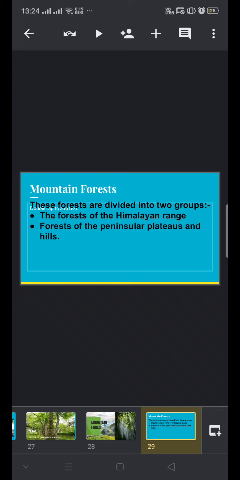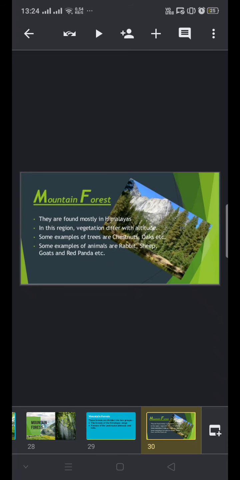Now let us first study about the Himalayan range forests. They are evergreen, softwood trees, cone shaped, as such they are called coniferous forests. Fewer varieties grow in uniform height.